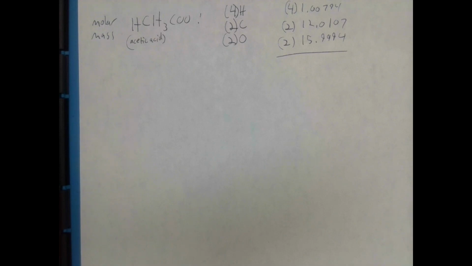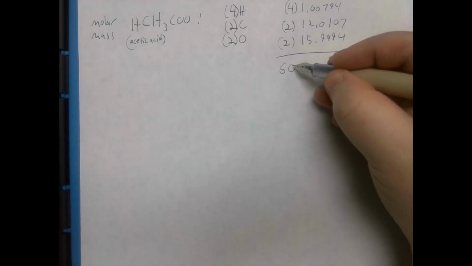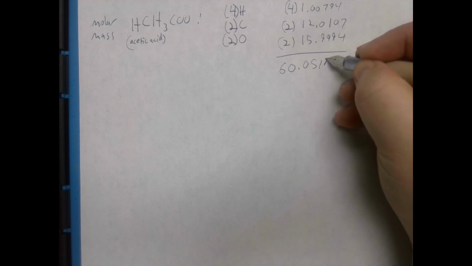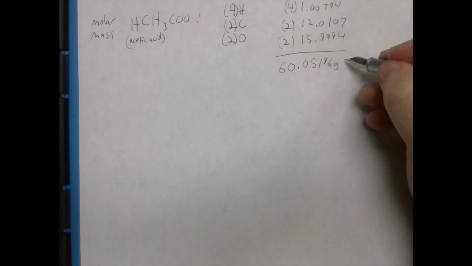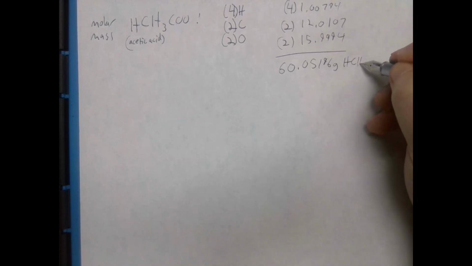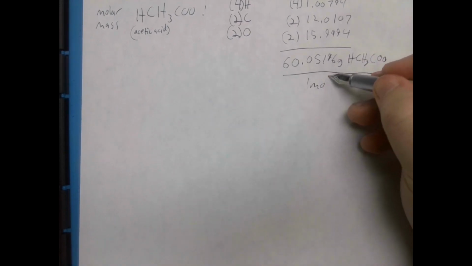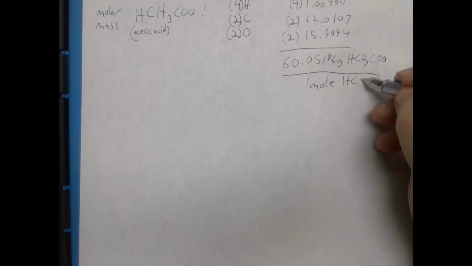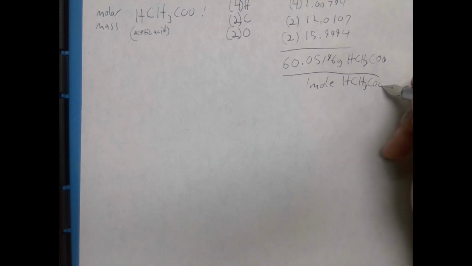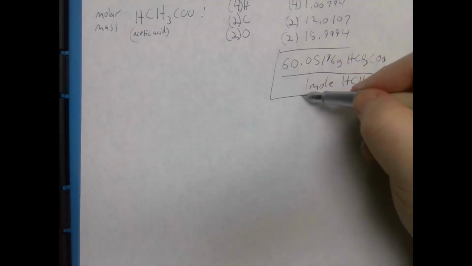Adding that up, the molar mass is 60.05196 grams of acetic acid per 1 mole of acetic acid. That's the molar mass.